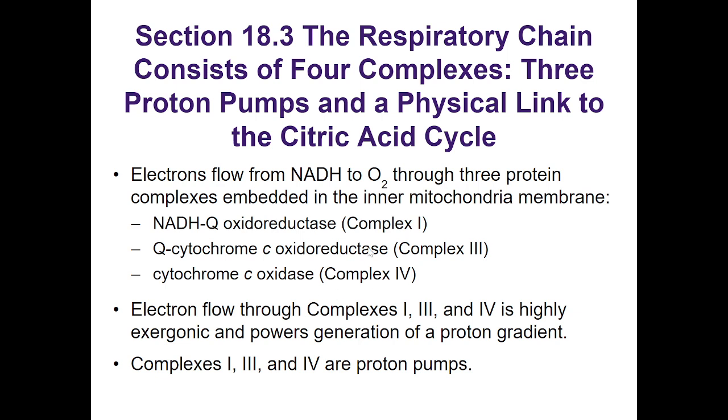Again, the electrons are just going to be used to pull the protons along. We'll have to do a few more things. It'll get a little bit more complicated than that, but that's the overall gist. Now, the electrons are going to flow through your complexes 1, 3, and 4. This is going to be highly exergonic, and it's going to power the generation of your proton gradient.